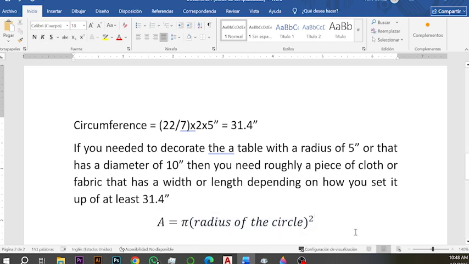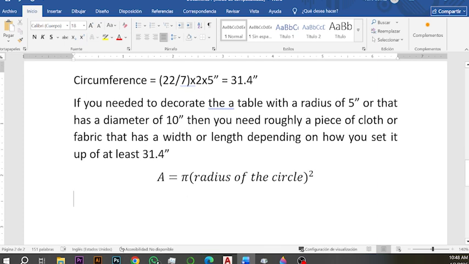So taking that same circle that we used before, the area of the circle would be equal to 22 over 7 times 5 inches squared. And that would be roughly 78.5 inches squared.